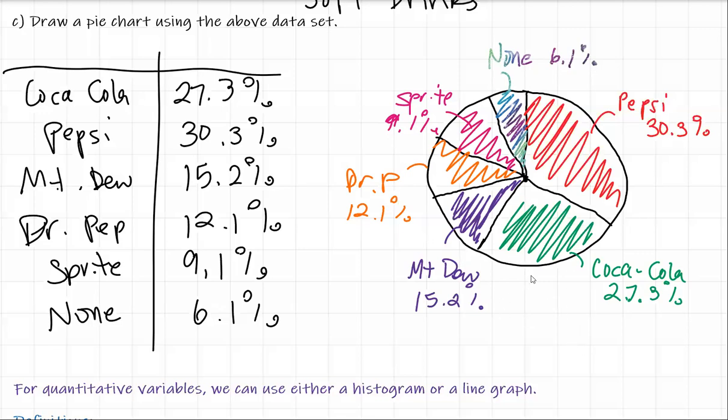Okay, and then you would give this a title. You could title it the same way you did for the bar graph. You can say favorite soft drinks in Frank's class. And then, like I said, here you could also, below each of the categories, write the actual total for each category. So below 12.1%, I could have written the actual frequency number, which was 5, I believe. No, 4 for Dr. Pepper.